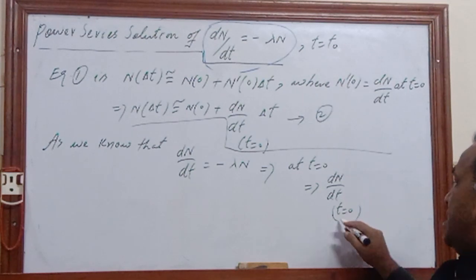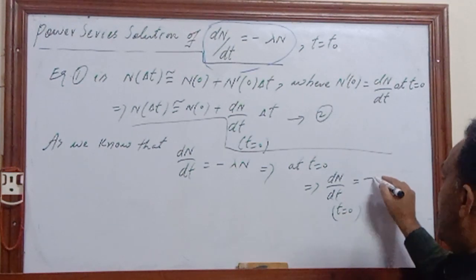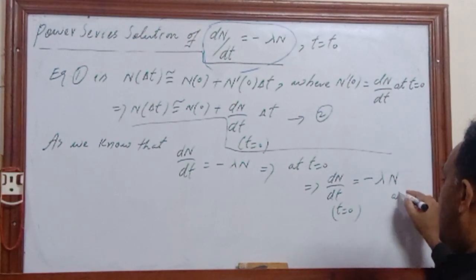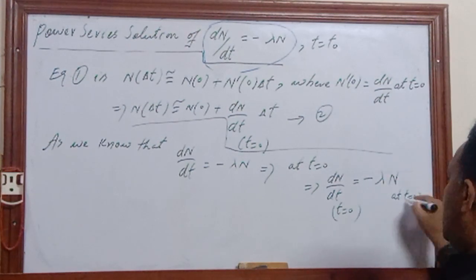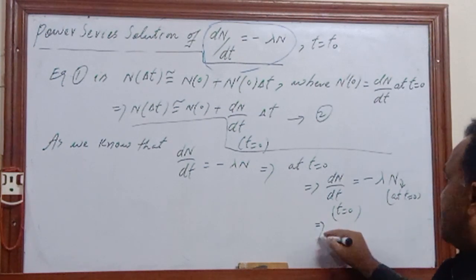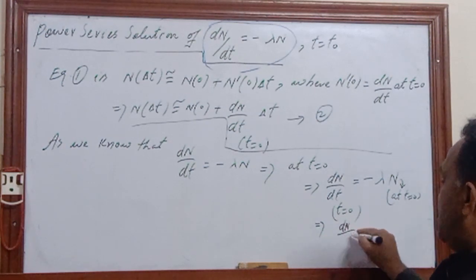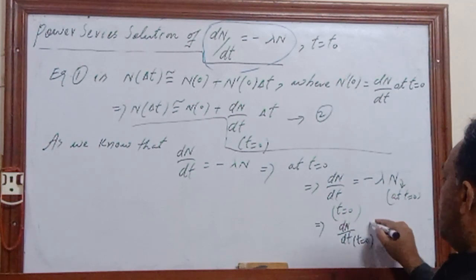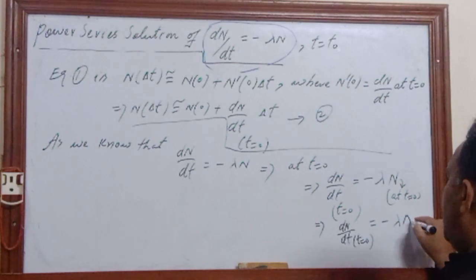So dn over dt at t is equal to 0 will be equal to minus lambda n naught.